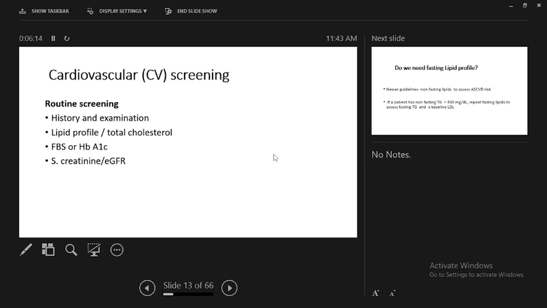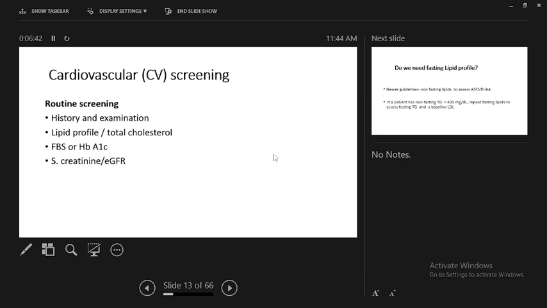So, an important thing is cardiovascular screening. In routine screening, it is very important to take the history and examination related to cardiovascular risk factors and cardiovascular disease, and to check the blood pressure. Investigation-wise, ideally you should arrange a lipid profile.